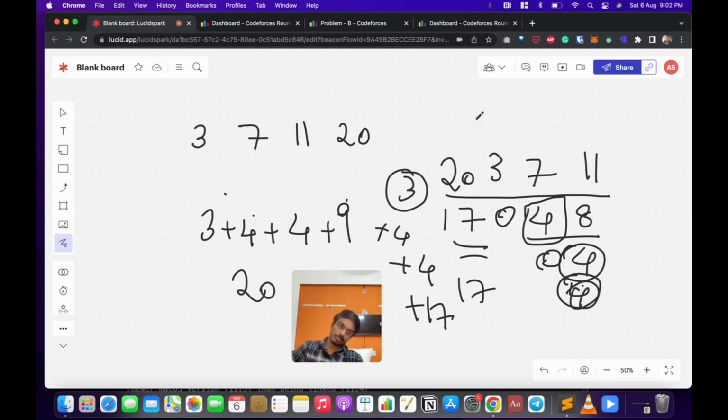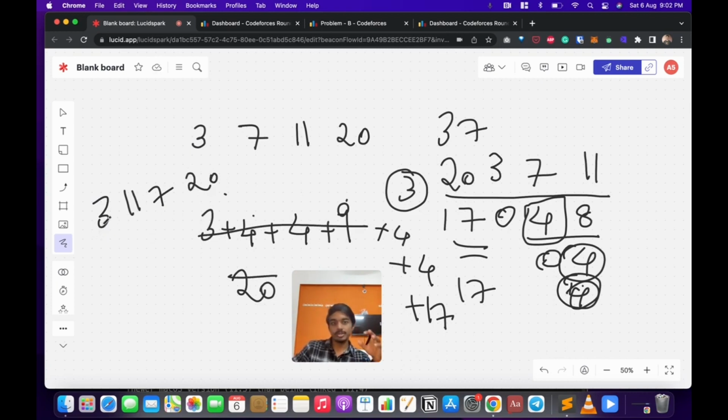So let's assume that it is 3, 11, 7, 20. How does this behave? Oh, so it's like only one mismatch can be there. So you sort the numbers, you see how many numbers are in mismatch.